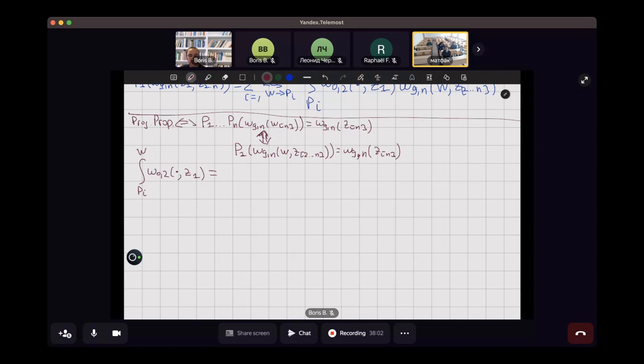Maybe it's easier to see if we take two such operators.